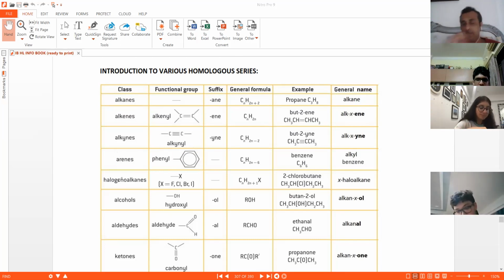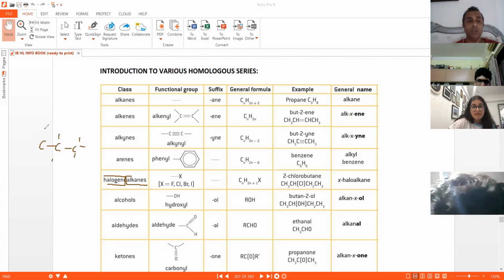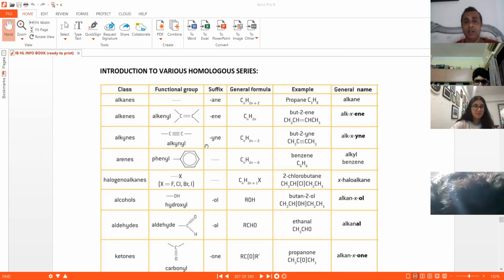Halogenoalkanes, as the name suggests, in an alkane there are one or more halogens substituting hydrogens, of course. So if I have propane, all these are hydrogens. One of the hydrogens is replaced by bromine. This is halogenoalkane. If I'm going fast, let me know.